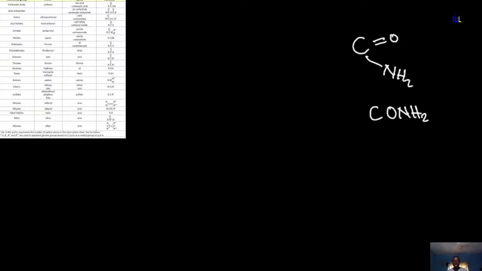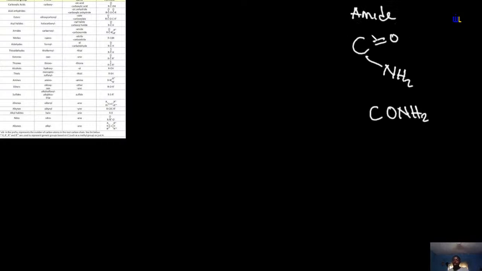Okay, very good. Now, going back to the screen, because if you don't understand the different functional groups and how they are represented, when we get into IUPAC nomenclature, you will not understand anything. So it's best to make sure that this is properly understood. As you can see, the amide group is a combination of carbonyl and amine.